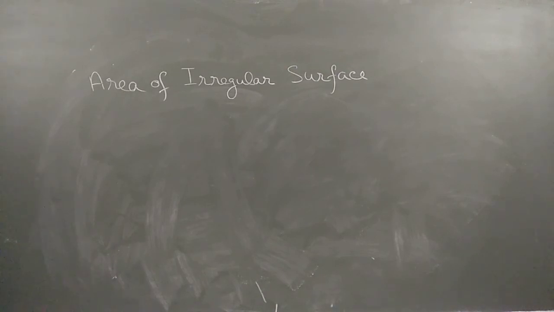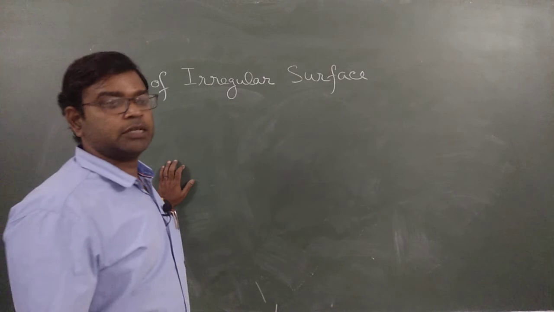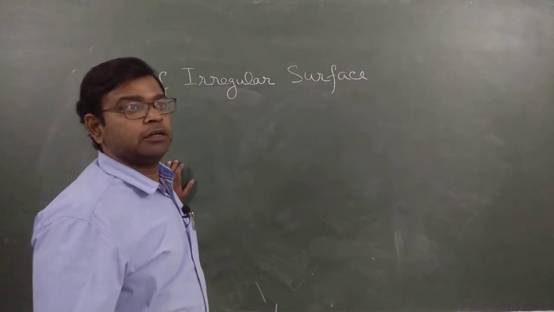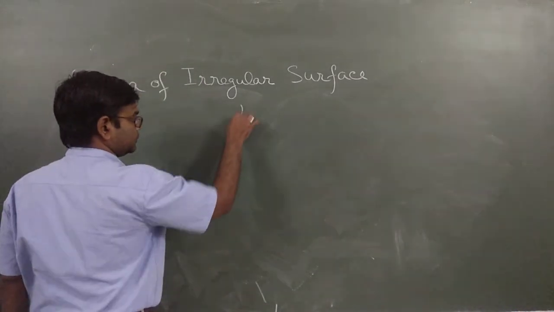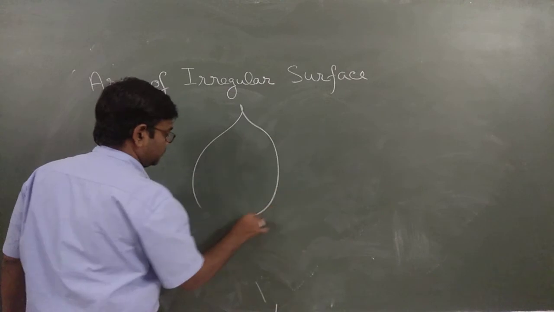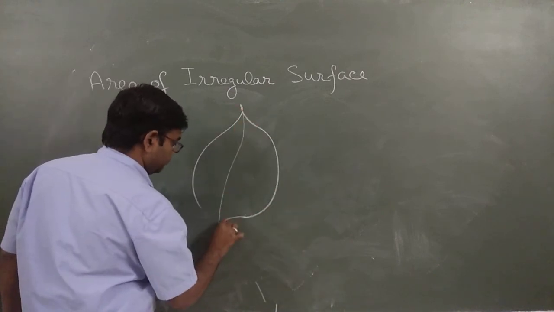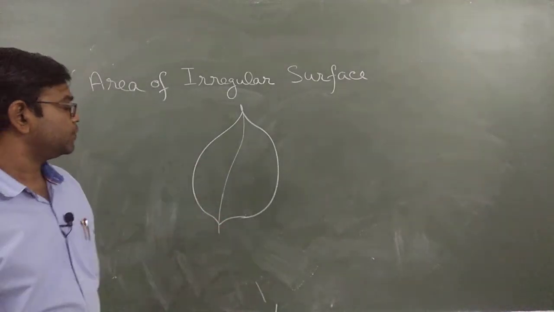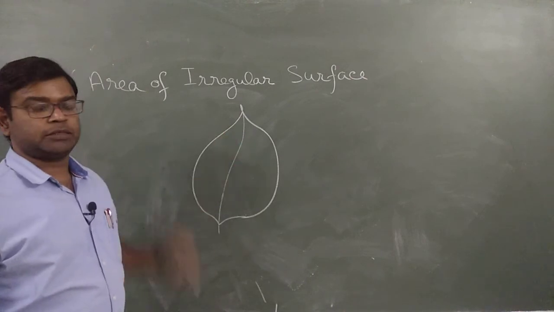What is the meaning of area of irregular surface? Suppose we are unable to find out the length or sides of an irregular shaped body. So how do we find out the area of that body? Suppose I have some leaf of a tree, and we are going to find out the area covered by this leaf.